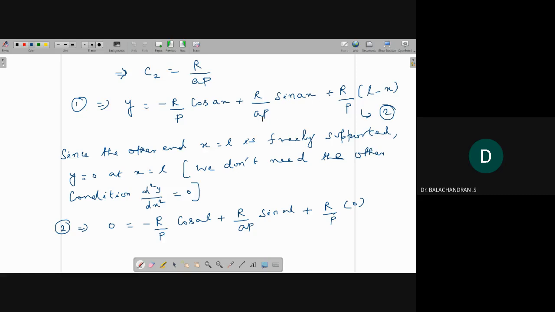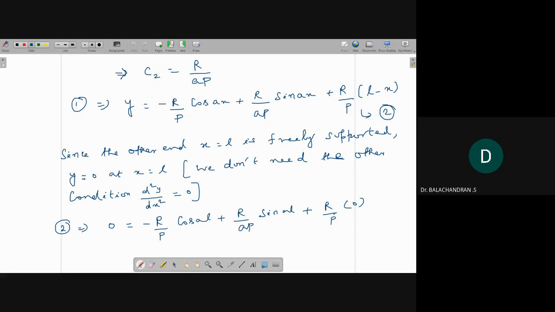Sin ax by a minus, I need L cos AL. Okay, I think in equation 2 there is some mistake here.